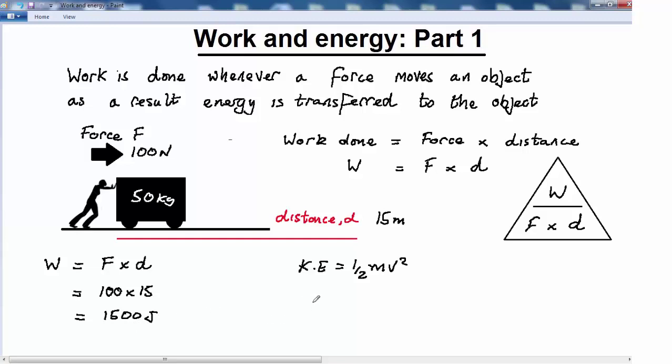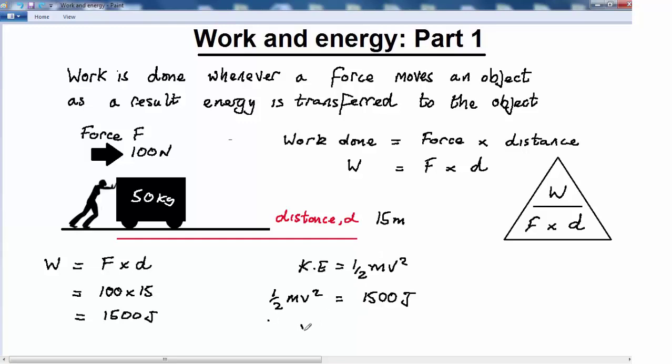So we can say that a half mv squared is equal to 1500 joules. That's to say the trolley has acquired 1500 joules of energy as a result of the lady pushing it with a force of 100 newtons over this distance of 15 meters.